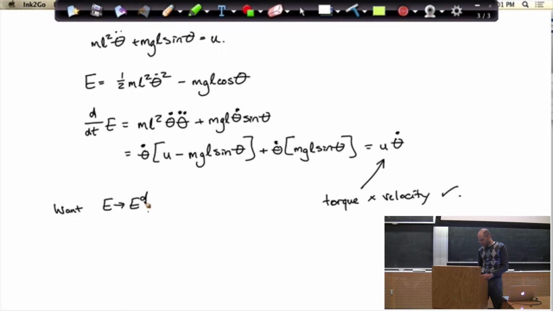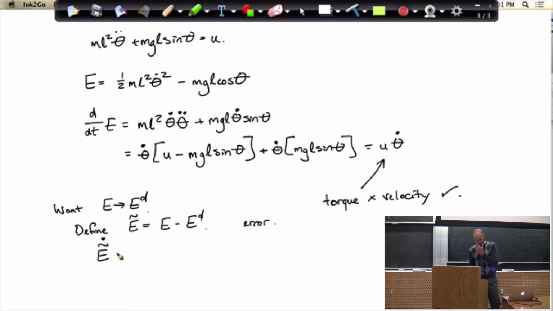towards here. So let me define my current error, just so it's in a nice simple coordinate. I'll say E tilde is E minus E desired. Right, so that's my error. And so E tilde dot, the time derivative of that, since this is a constant, is just E dot, is just u theta dot.